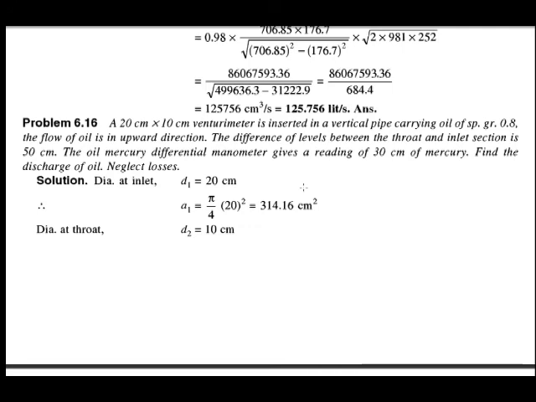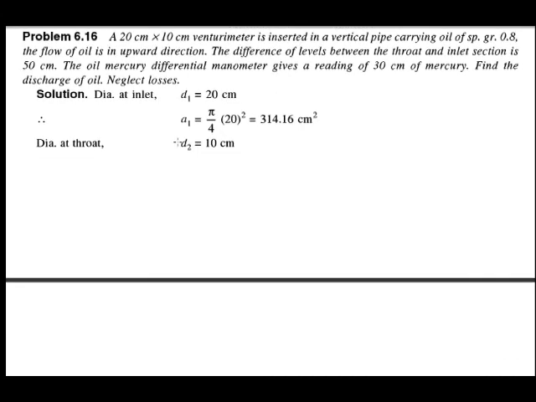Neglect all losses. So we have to calculate the discharge. They have given the diameter for the inlet as 20 cm and for the throat is 10 cm. Specific gravity of the oil in the upward direction is 0.8. The manometer contains mercury, and the reading of the manometer is 30 centimeter of mercury.